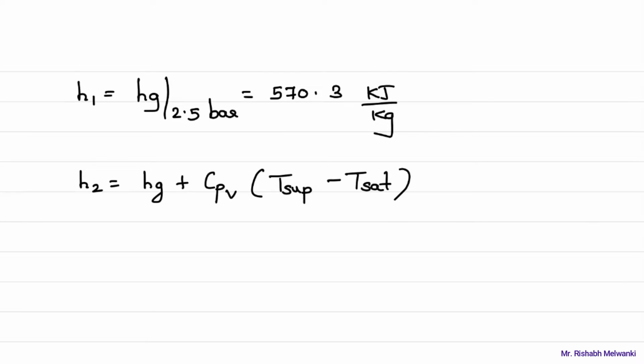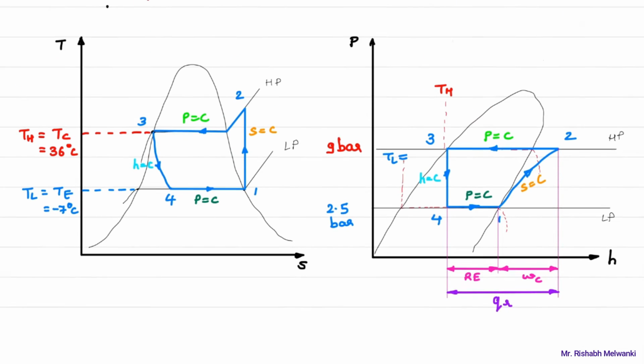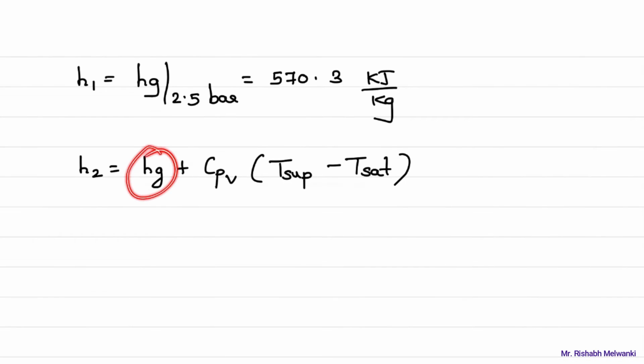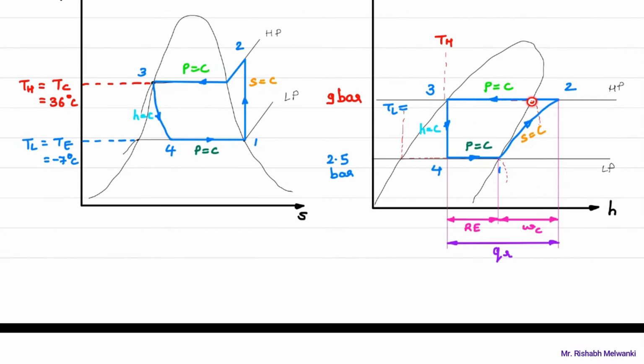in brackets, T sup minus Tsat. Now point number 2 is at which pressure? 9 bar. So whatever Hg is there, it will be for this point. For this point, what is Hg? It will be Hg at 9 bar pressure.